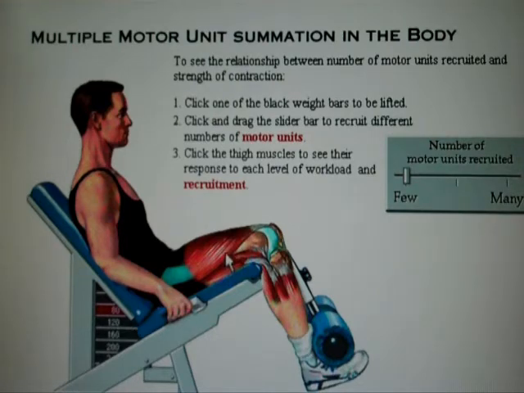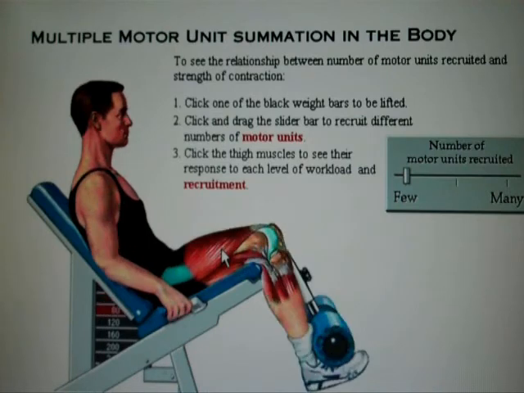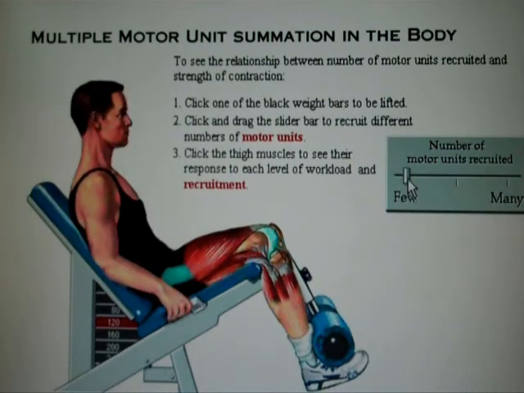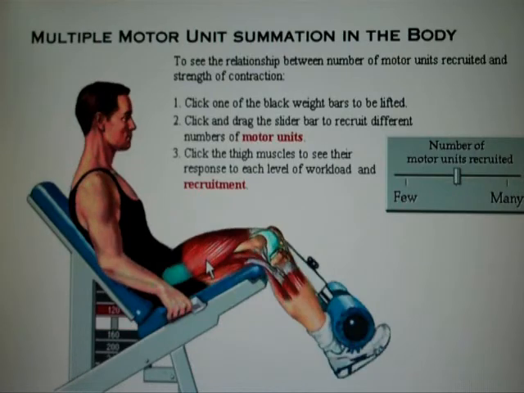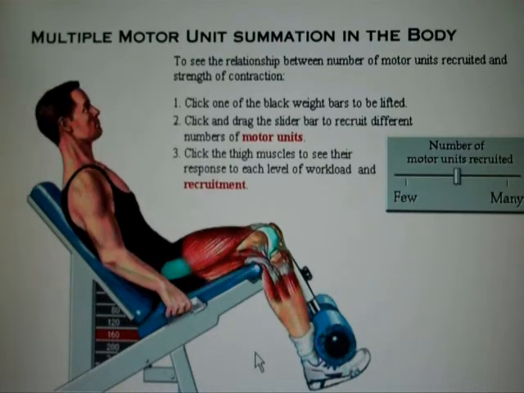So we'll pick on Byron, let's say. Here's Byron. He's exercising. With 80 pounds, he only uses a few motor units. But if we increase the weight and still only use a few motor units, it won't work. So now, to lift the 120, he has to recruit more motor units.